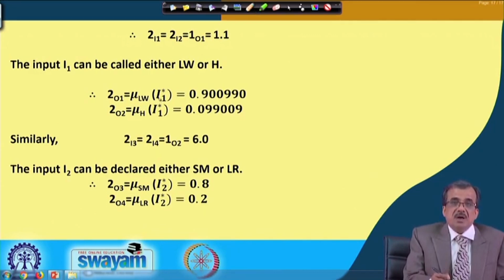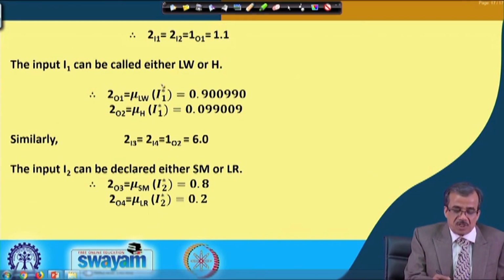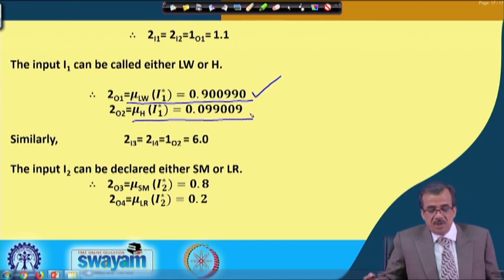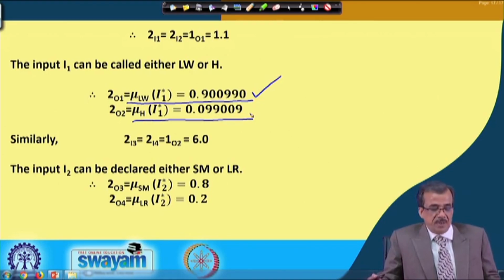Now, if you calculate the membership function values, corresponding to the low I1, the mu low corresponding to I1 star will become equal to 0.900990. Then corresponding to I1 star, the mu h will become 0.09009.